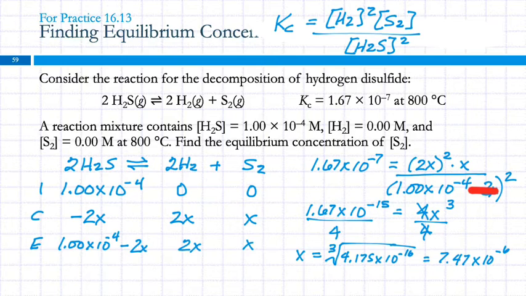So, are we just done? Oh, I mean, we have to check and make sure that it's valid. This x looks really small. Isn't it good? We have to check. 7.47 times 10 to the minus 6 divided by 1.0 times 10 to the minus 4 times 100.